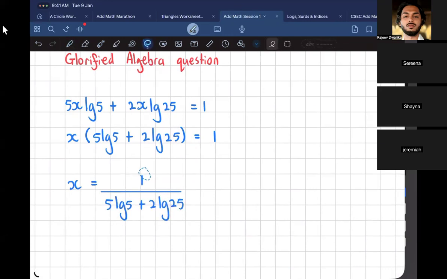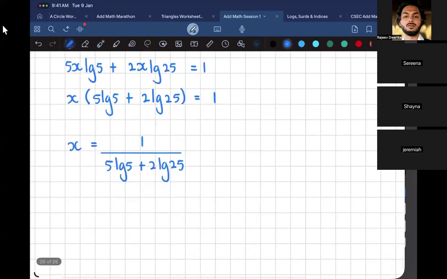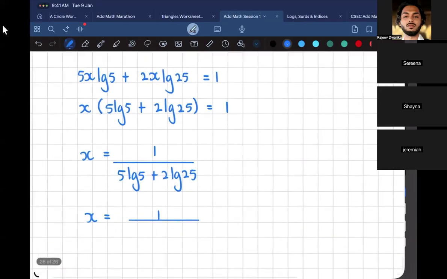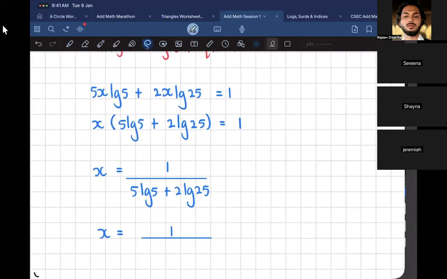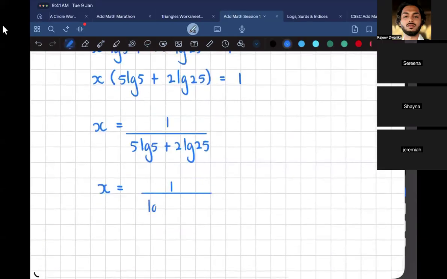Now, this is not the simplest form, right? There's a simpler way you could write this. But this answer is correct. This is the correct answer. So, Serena, I could write 5 log 5 as log 5 to the power 5, and I could write 2 log 25 as log 25 to the power 2.